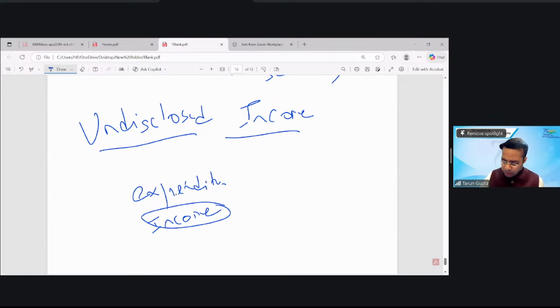Mr. Sanjay is asking whether for 6 previous years reassessment is done in case of search. Yes, for 6 previous years there would be assessment, but that assessment is called block assessment. We don't call it reassessment.